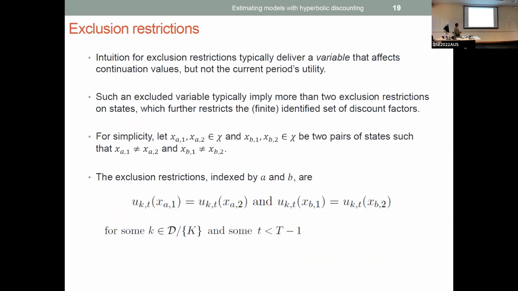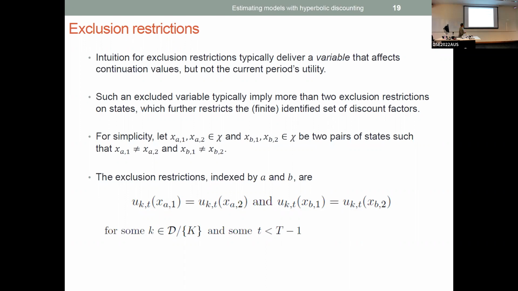Such an excluded variable typically implies more than two exclusion restrictions of states, which further restricts the identified set of discount factors. I haven't really talked about the identified set, but this is where we are getting at.